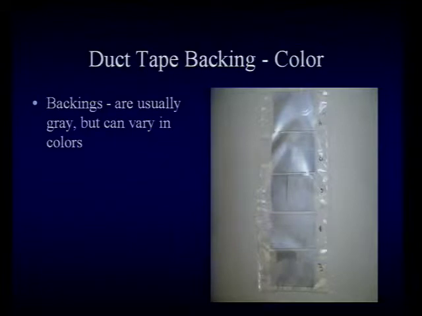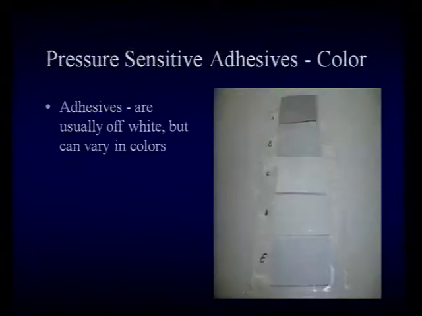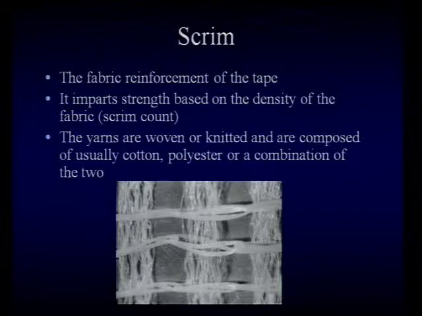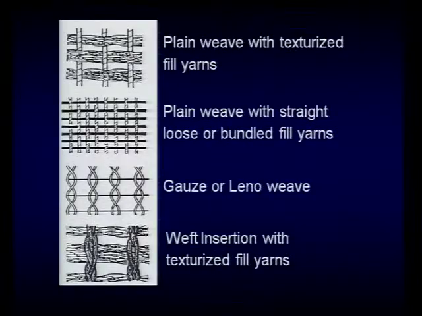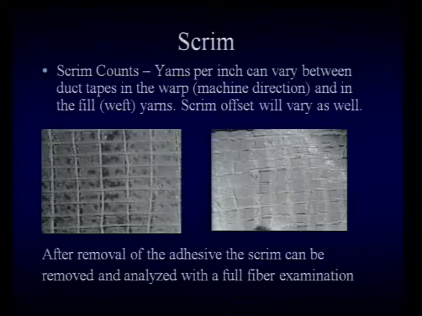And then I have a bunch of slides here just on some of the simple physical characteristics like the backing color, the adhesive color. These are just simple things that do vary quite a bit, and you want to let the jury know that. Scrim, you've got to tell them a little bit about what scrim is, that there's different types of scrim, and of course you're going to compare the scrim, and I think anybody can see that these are different.